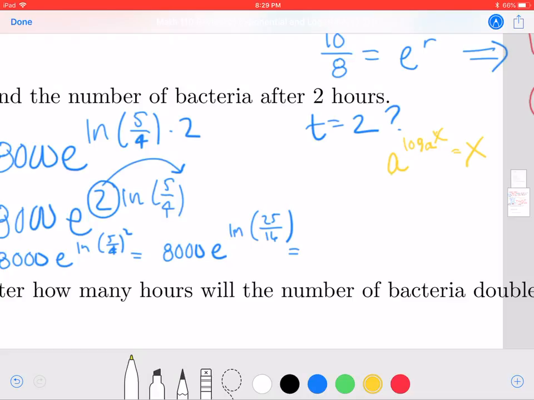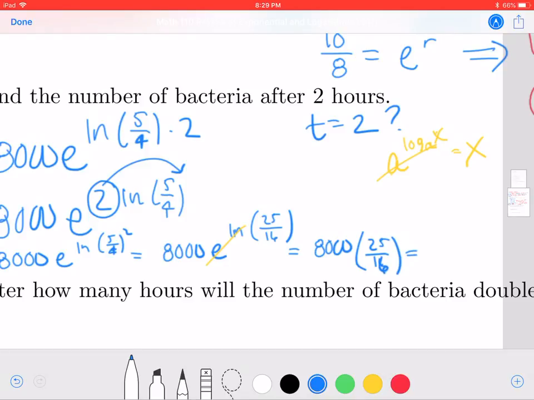So the base a here and the base a of the log cancel each other out. The base of natural log is e. So the e and the natural log cancel each other out, and you're just left with 25/16. This answer, you're not even going to believe it, simplifies to 25/16.